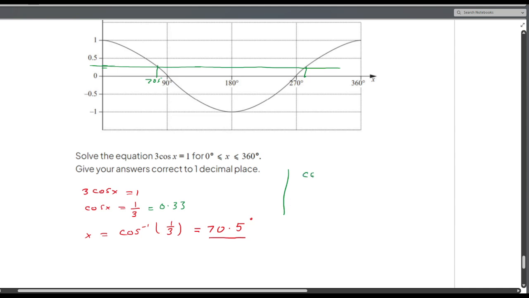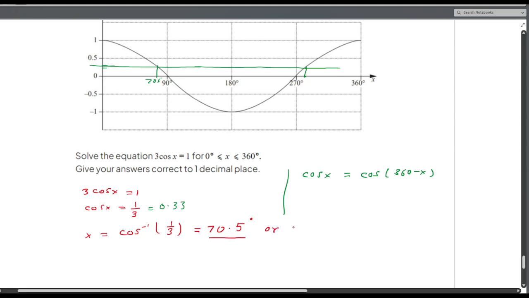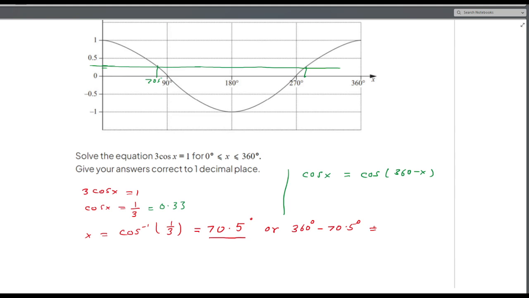We know that cos x is the same as cos of 360 minus x. So if one answer is 70.5 degrees, the other answer will be 360 degrees minus 70.5 degrees, which gives 289.5 degrees.